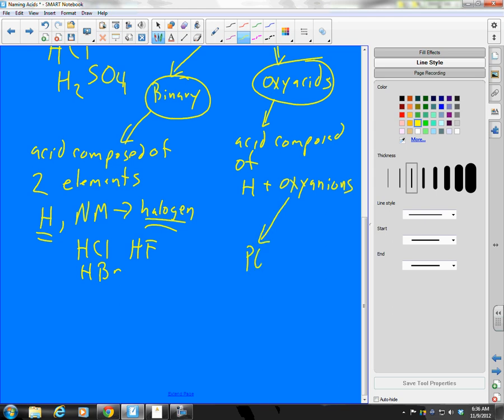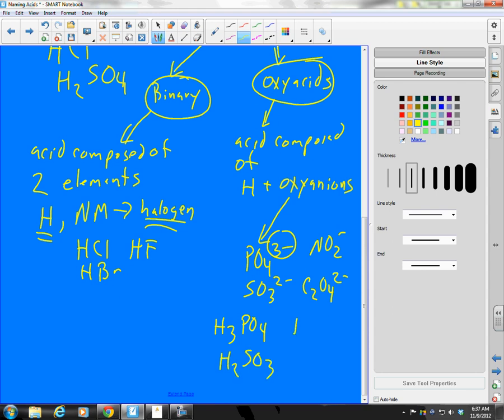Things like PO4 3 minus phosphate, SO3 2 minus sulfite, NO2 minus nitrite, C2O4 2 minus, which is oxalate. These things plus hydrogens on them become oxyacids. And notice we need as many hydrogens as you have a negative charge.